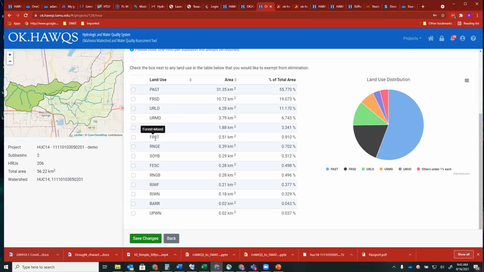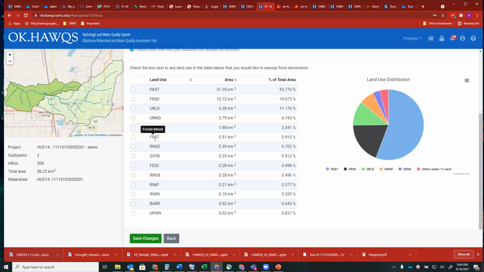So the land use map came from the 2016 NLCD for all land uses except cropland. Cropland came from CDL, Crop Data Layer by USDA NASS for the years 2016, 17, 18, and 19, 3 years of data.